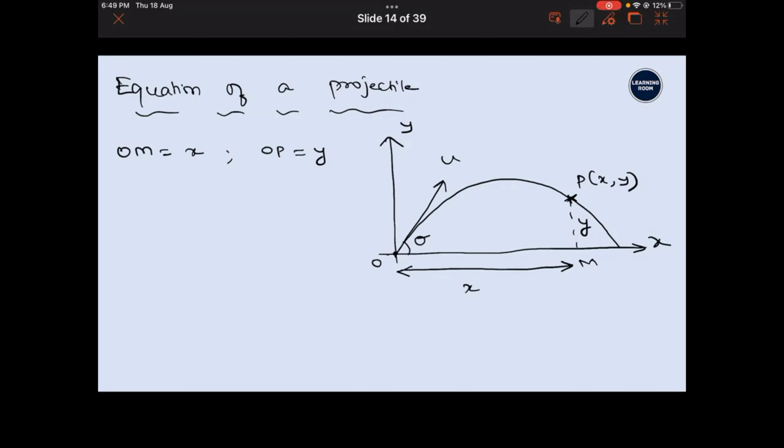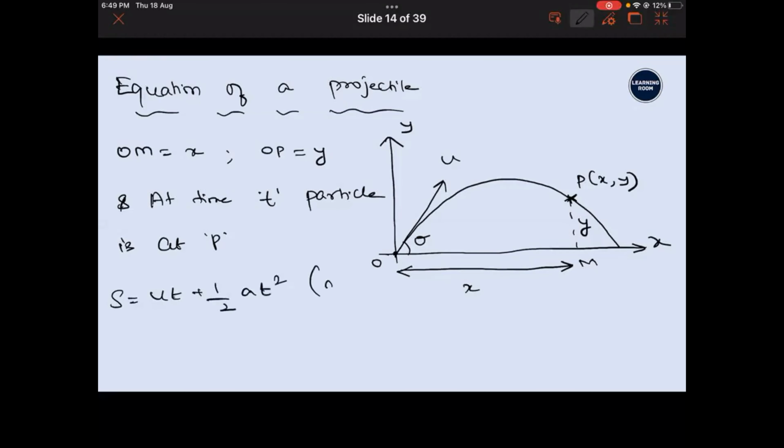Now, if I say at time t the particle is at P, applying S equals ut plus half at square along the x direction, what will we get? Sx is equal to ux into t plus half into ax into t square. So what is the displacement of the particle along x direction in time t?